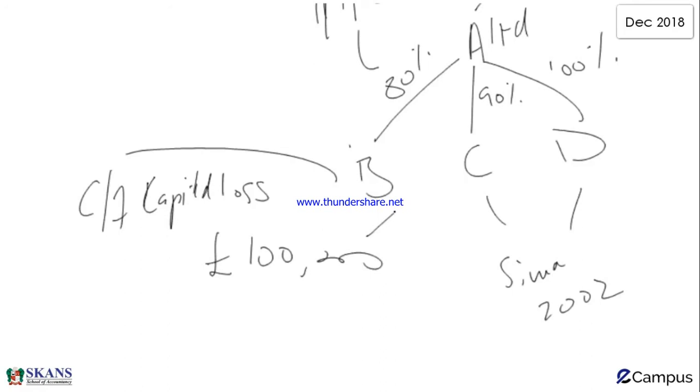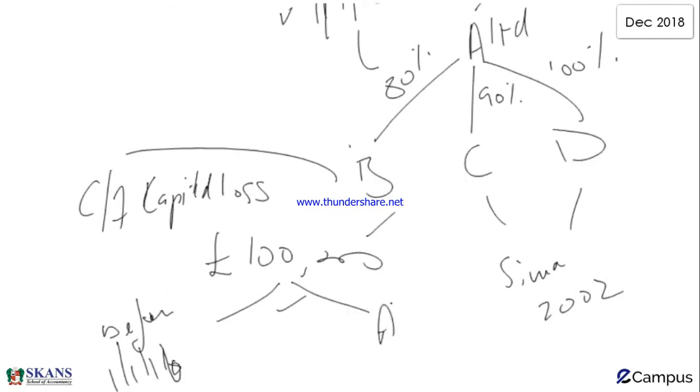Whether the answer to my question is yes or no depends on whether this loss was realized by B Limited pre-entry or post-entry. Whether the asset was sold before 1st January 2016 by B Limited, on which this loss was suffered, or whether this asset was sold after 1st January 2016.